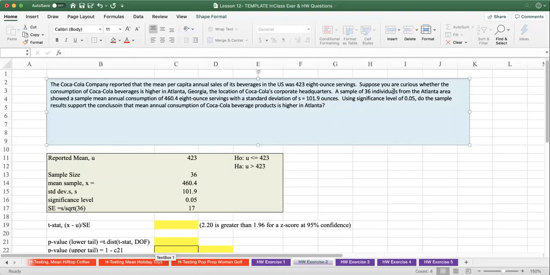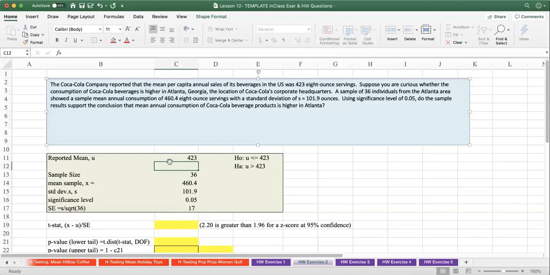A sample of 36 individuals from the Atlanta area showed a sample mean annual consumption of 460.4 8-ounce servings with a standard deviation of 101.9 ounces. Using a significance level of 0.05 or 5%, do the sample results support the conclusion that the mean annual consumption of Coca-Cola beverage products is higher in Atlanta?